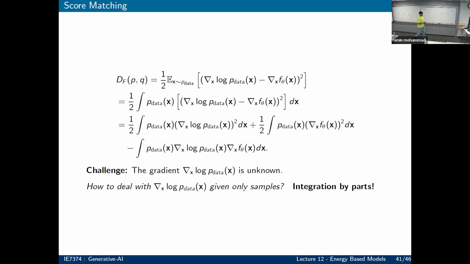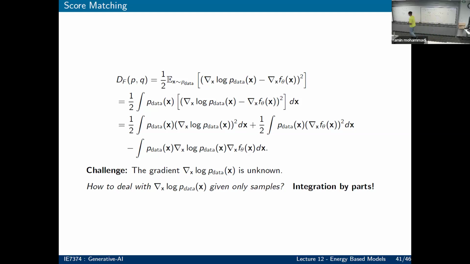Now, the challenge, if you're looking at these three terms that we have, is that this gradient of log P data is unknown. That's always the problem. Across all the generative models that we have seen so far, anytime you have a P data, it is technically unknown because we only have samples.